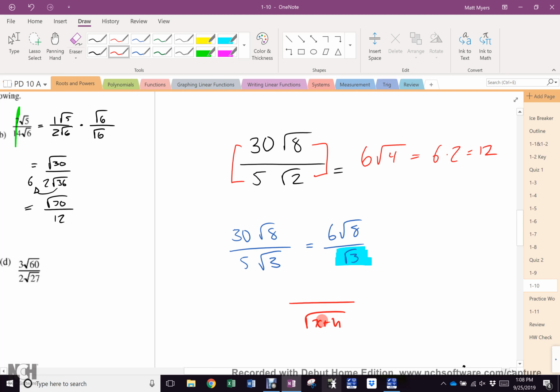All right? So the general rule, and again, the rule is simply made arbitrarily, is we do not want radicals in the denominator. I lie. We don't want irrational radicals in the denominator.